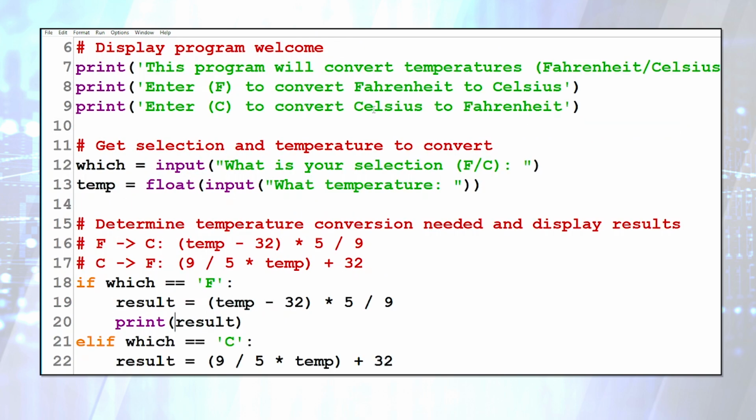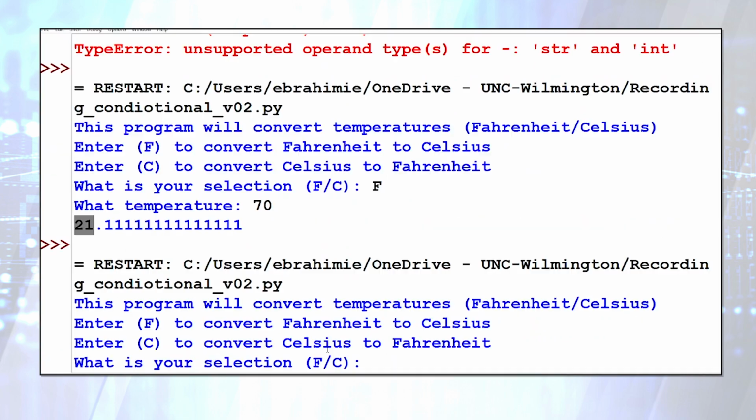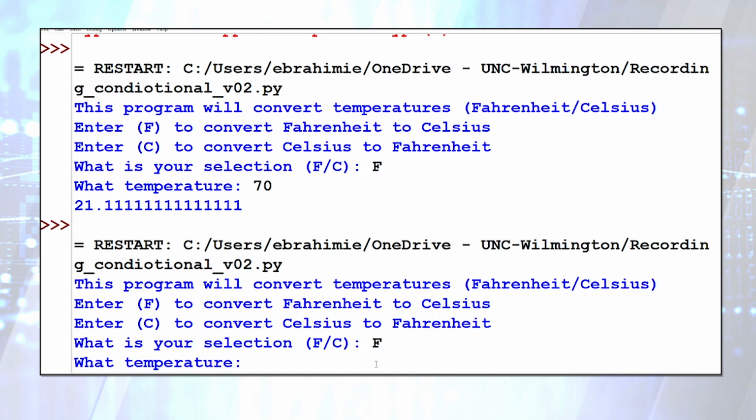So you can say, okay, I want to say this temperature in Fahrenheit is this in Celsius, okay? So just run it again and see how it looks, and then we can add that to the other one.